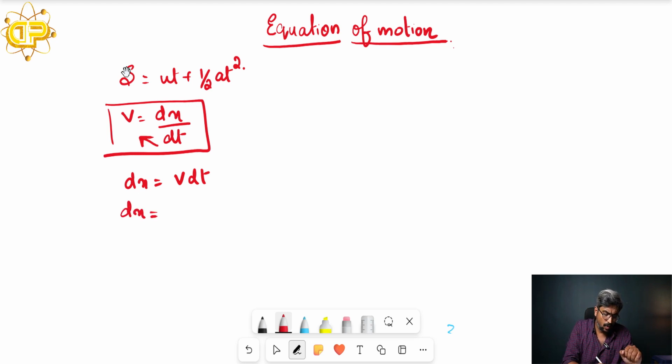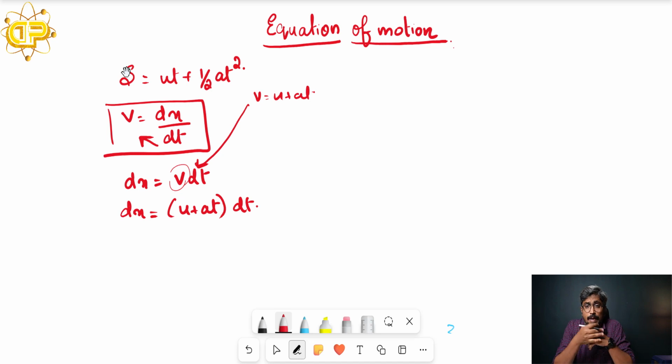And here I can also give one more substitution. Instead of this v, I am going to write v is equal to u plus at. You know this equation, the first equation of motion. Substitute the value here and you will get u plus at into dt. So you must know why I am substituting this value here. Because in the second equation, s is equal to ut plus half at square, there is no term for final velocity or v.